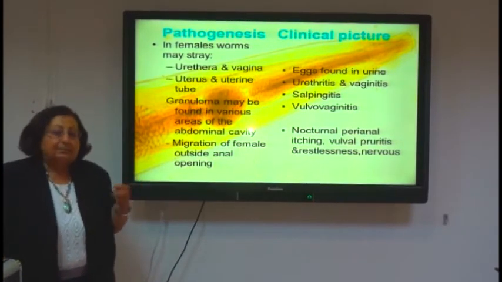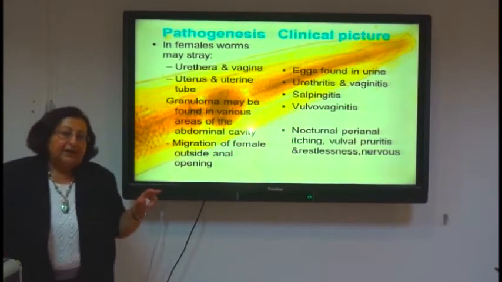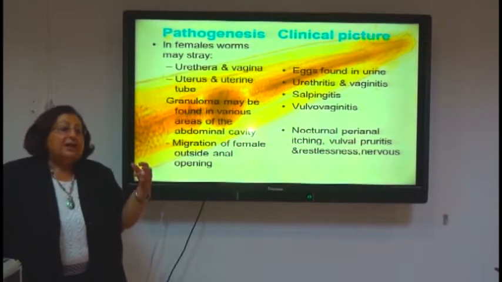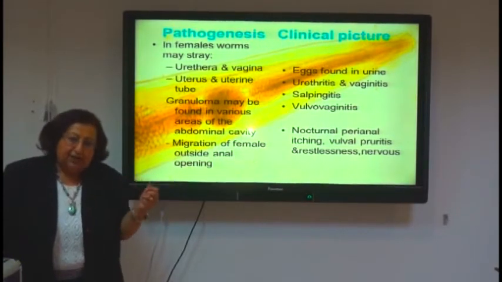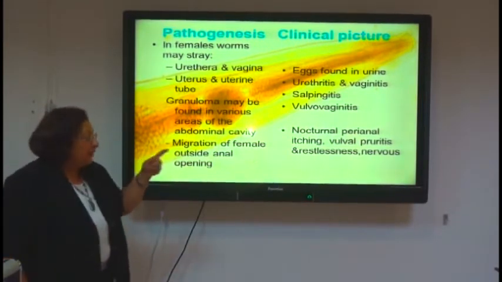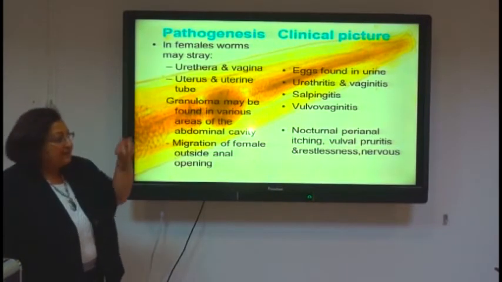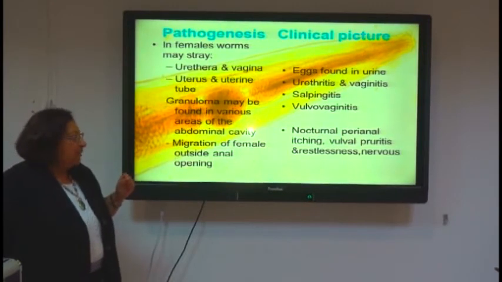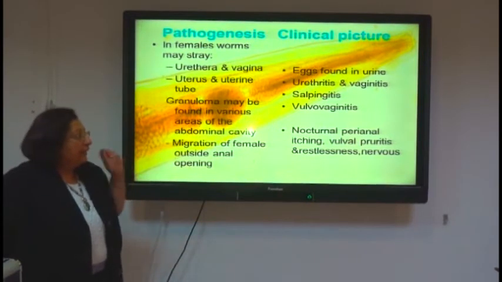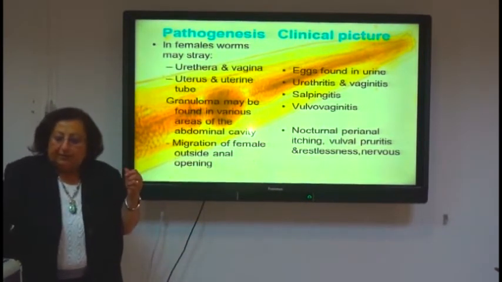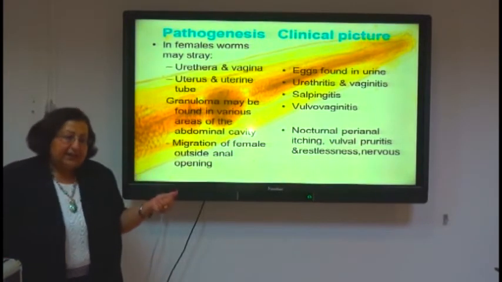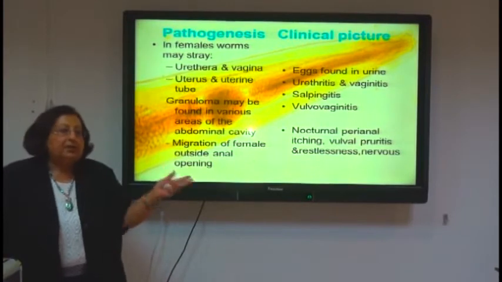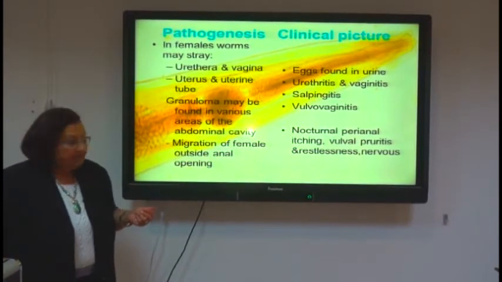He cannot sleep peacefully because he is always awakened, restless, nervous, scratching his anal region. This is because the female is laying the eggs outside the anal region. So if we forget everything about the clinical picture, we remember that it causes dysentery and there is nocturnal perianal itching with its consequences.